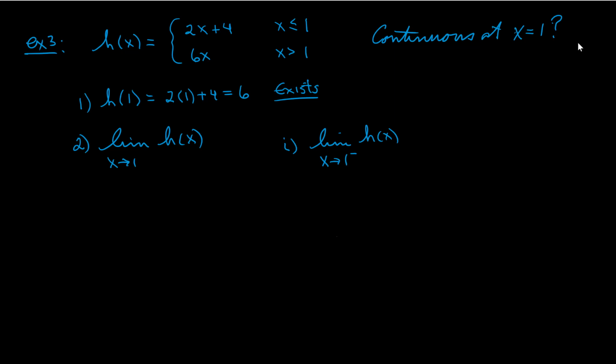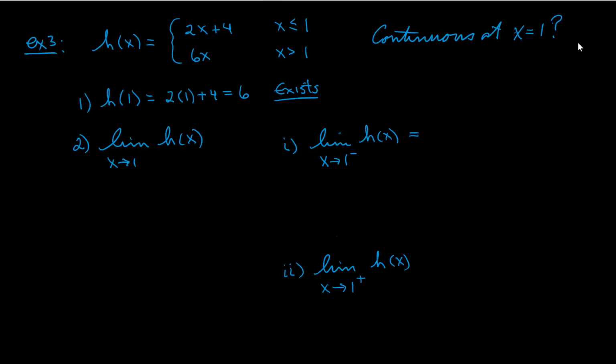In addition, we're also going to need to evaluate the limit as x approaches 1 from the right-hand side of this same function. Now, you can do this either using the calculator as we did in the previous one, or you can also say, in both cases, x less than or equal to 1 or x greater than 1, what we have here are lines, and those things are continuous. So we can just go ahead and evaluate.